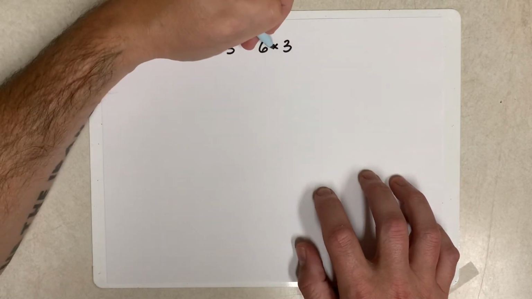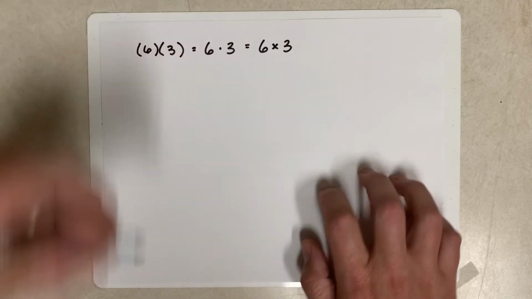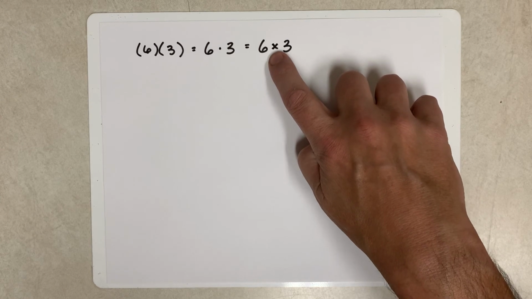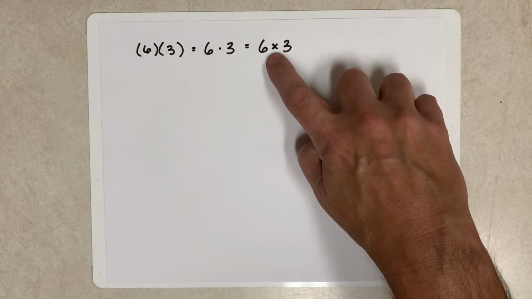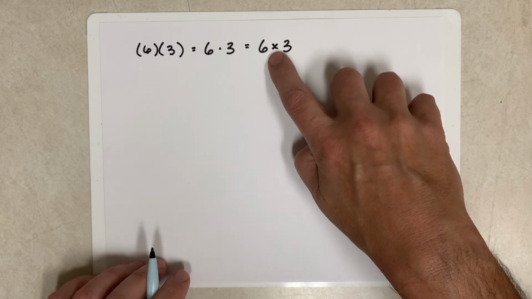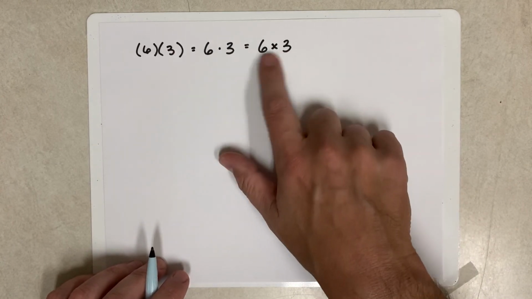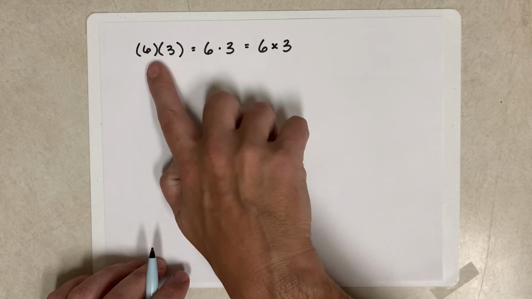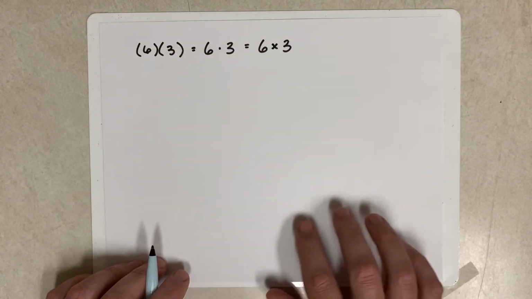The reason why we shouldn't write it with that little x for multiplication is because now in algebra we have x's in our problems as variables, and we don't want to confuse that with a variable. So I'm not going to write the multiplication like that. I'm going to write just 6 times 3, with either a dot, or I'll write them in parentheses. I kind of prefer parentheses, but it doesn't matter.